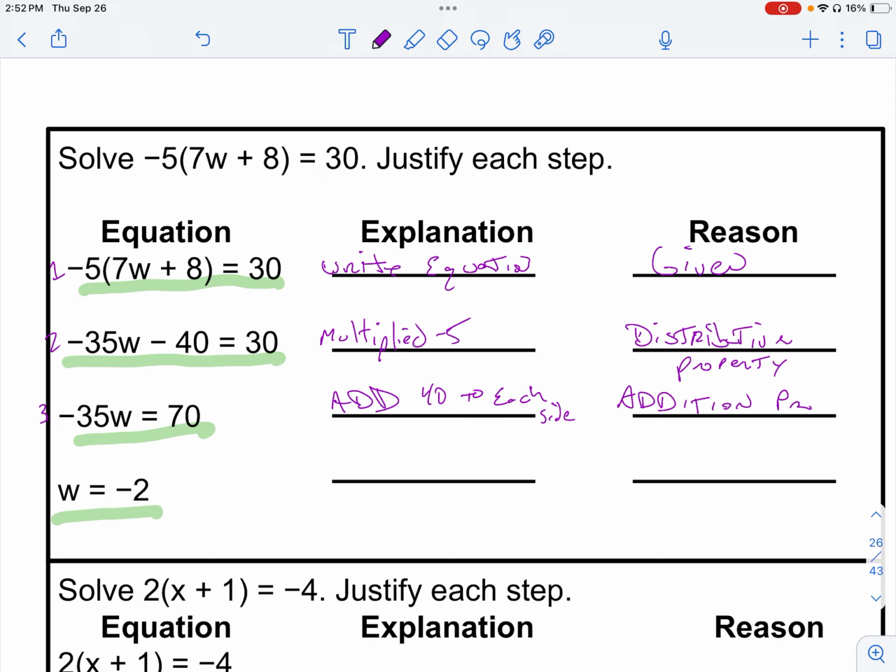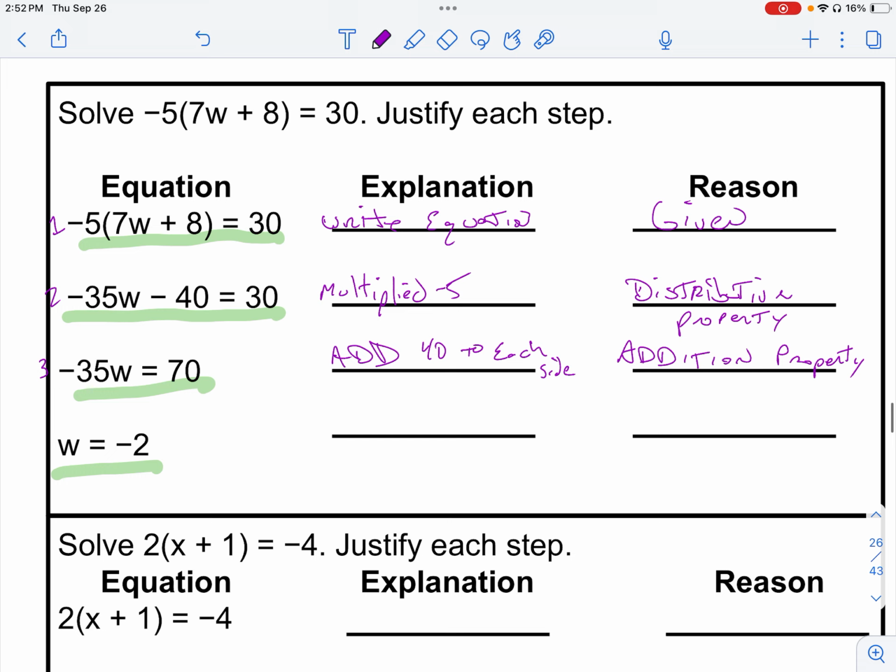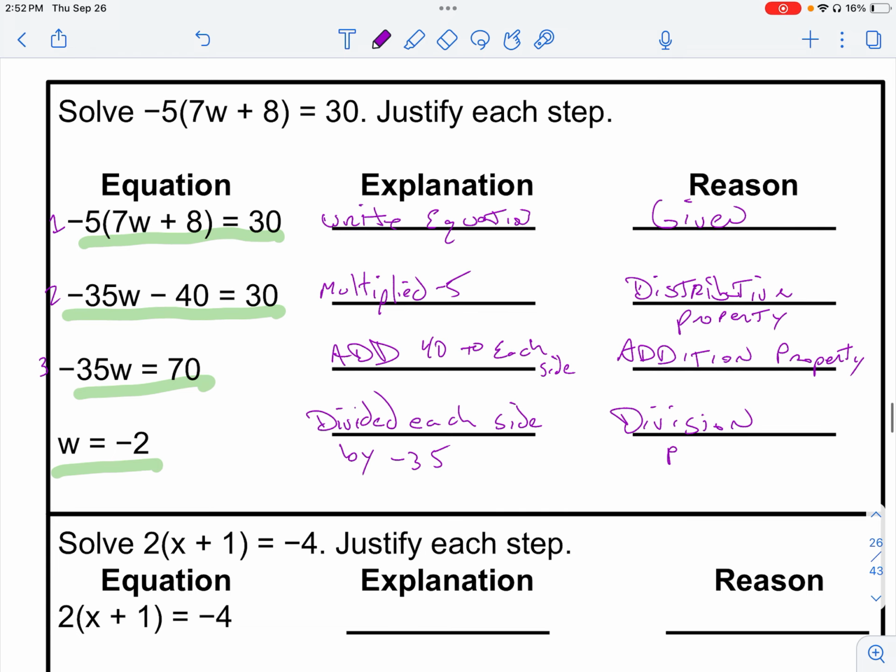That's our addition property. And then we divided each side by -35 using our division property. W equals -2, and we are done.